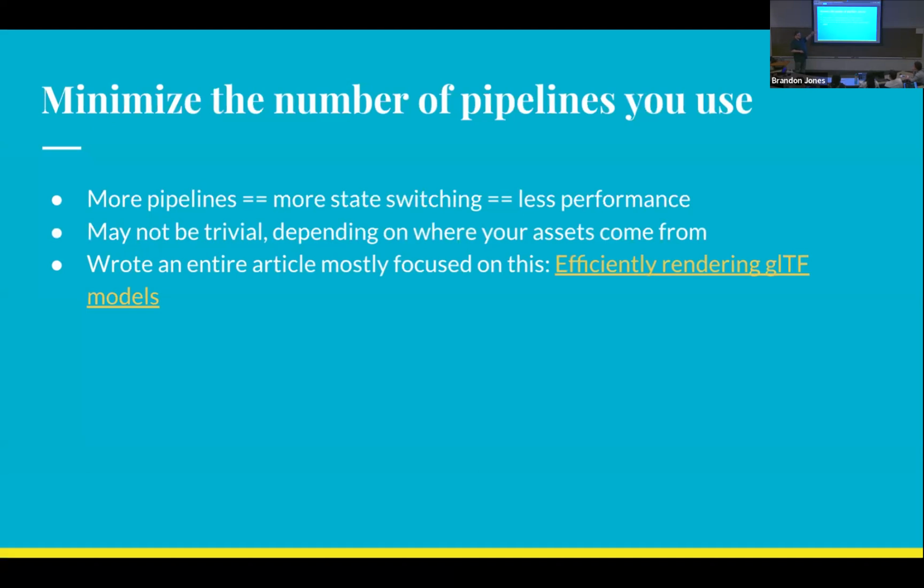And the easiest pattern to fall back on is just, well, maybe I'll just create a pipeline per piece of geometry. And that's not the right thing when you're trying to be efficient about it. I wrote a whole article about just that topic. And I'll let you go hunt down the slides and read that later if you want. It can be a little bit of work, but minimizing the number of pipelines that you're using is absolutely worth it, even if you have to do some manual deduping and whatnot.